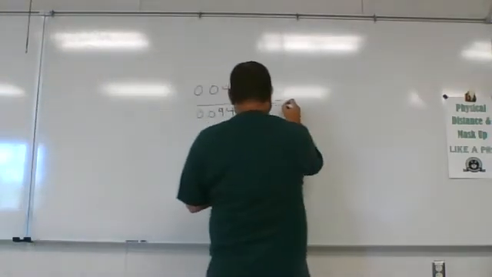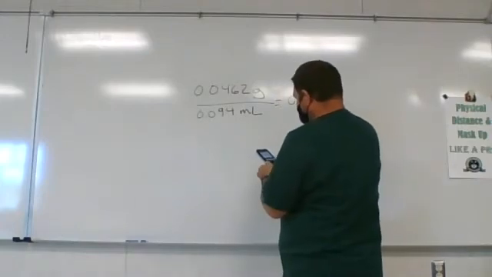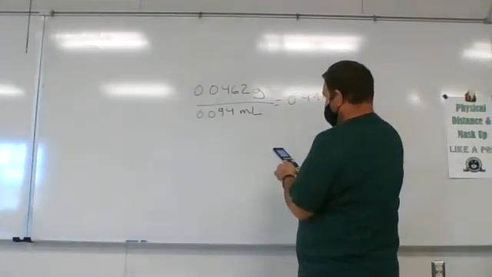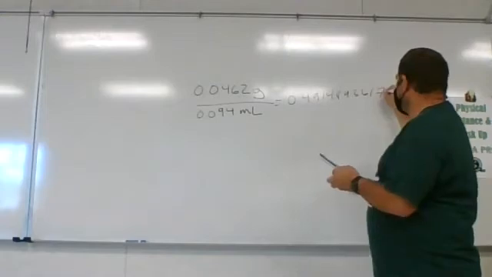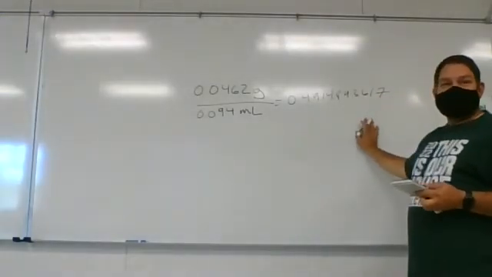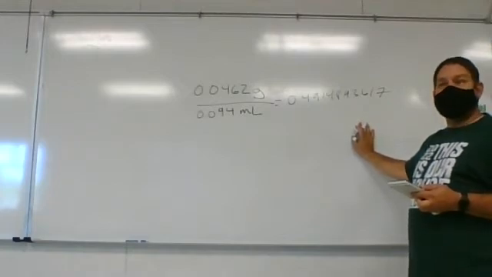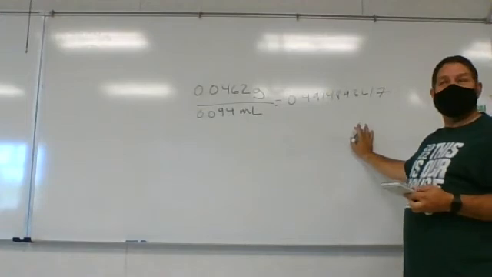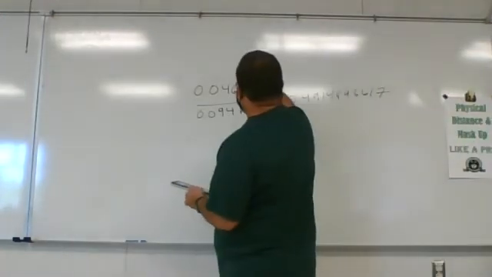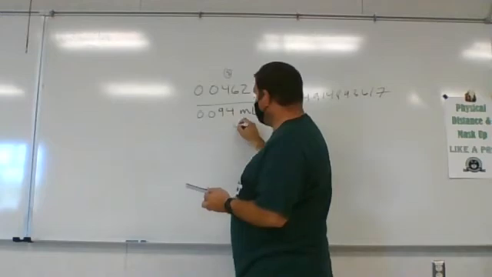And again, I'm going to get a bunch of decimal places, 0.491489361. Okay? Do I really need all of those decimal places? No. How many do I really need? Here it's 3 and 2. How many are up here? 3. How many are down here? 2.